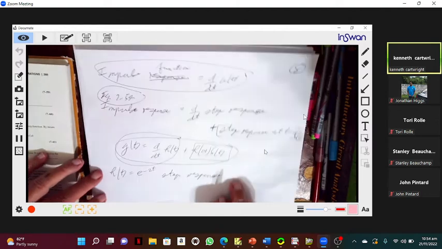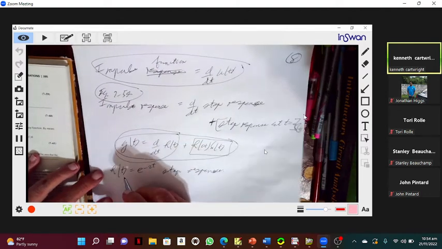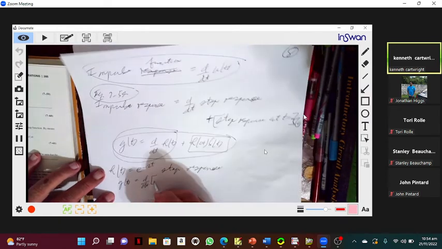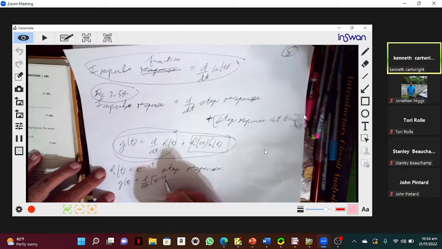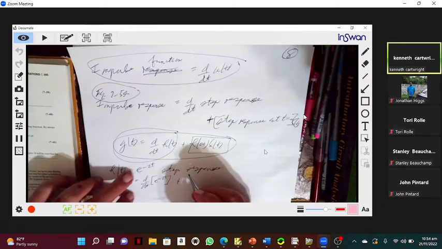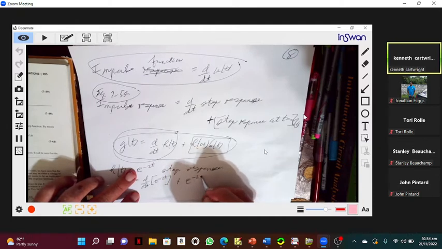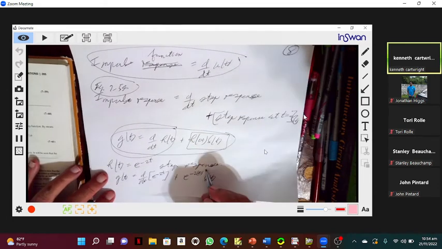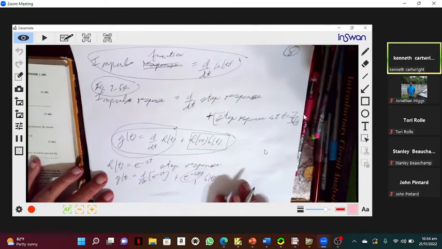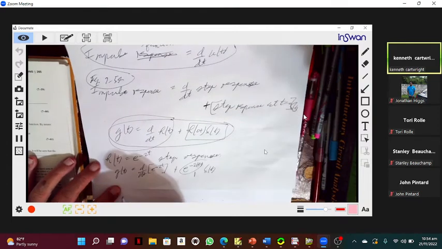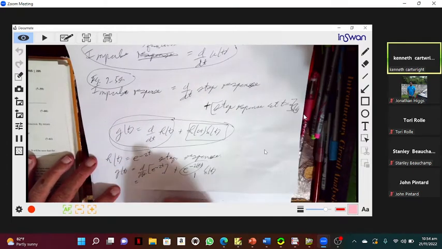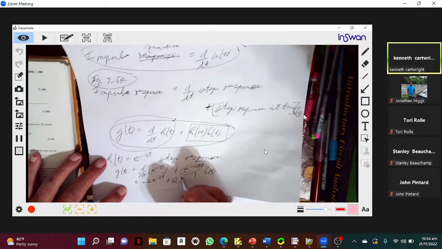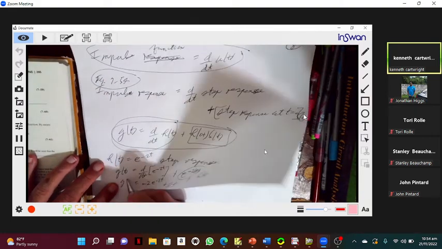So g of t would be the derivative of this plus h of 0 plus times delta of t. h of 0 plus is e to the minus 2 times 0, and clearly this is 1. So the impulse response is going to be minus 2 e to the minus 2t plus delta of t. That's the impulse response.